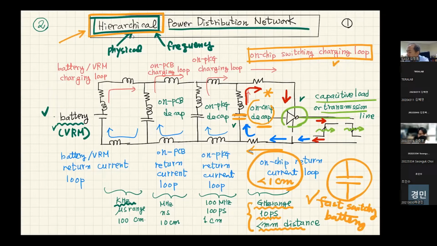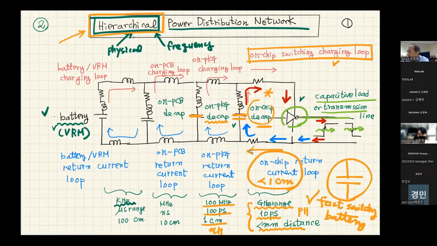Also, you can put on-package decoupling capacitors, and they may be responsible for switching current in the 100 megahertz range and picosecond switching time. The distance might be around 1 centimeter, and inductance could be in the nanohenry range. Here, inductance could be in the picohenry range.